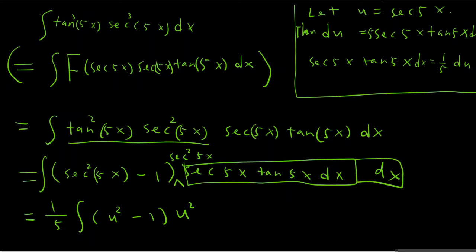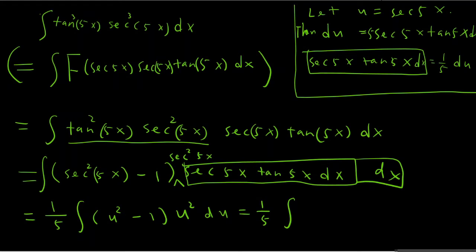Now the whole thing in the box is 1/5 of du. I will give you one more step, and then I'm not going to finish this. I believe you can handle the rest. In one more step, we are going to convert the integrand to a polynomial of u, for which we can use the power rule to get antiderivatives, right?